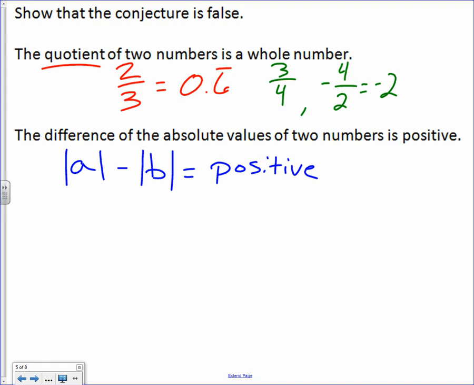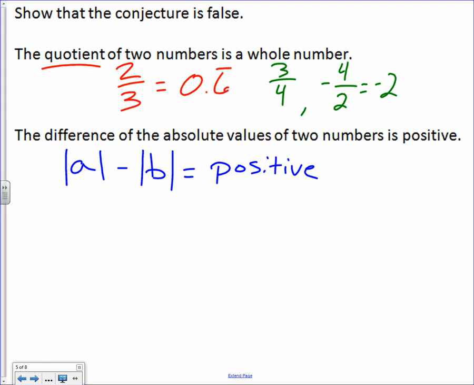absolute values, well, we can manipulate this a little bit differently, right? So what you could try to say is something like, well, anytime that B, in this case, is bigger than A, or the absolute value of B, right, because it could actually be negative, is bigger than A, this is not true, right?